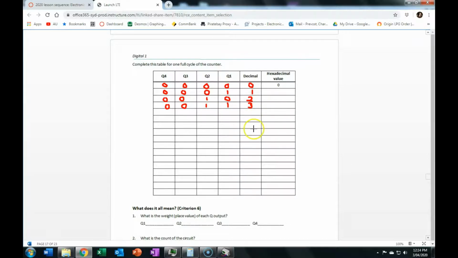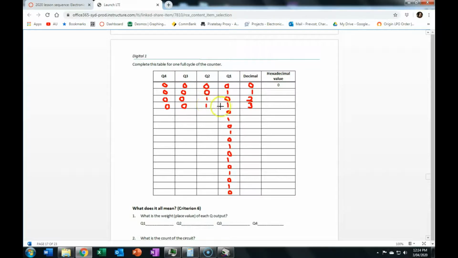You can see that if you follow the pattern here, this one changes every 1. So let's complete this column by looking at this pattern 0, 1, 0, 1. It's just going to continue in that pattern. If you have a look at this column, you can see that it goes 0, 0, 1, 1.